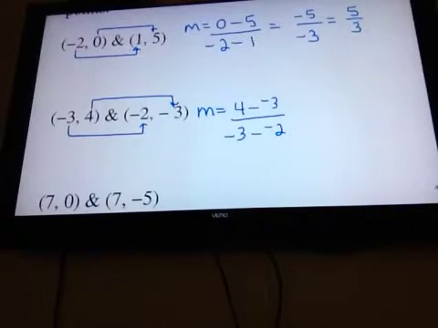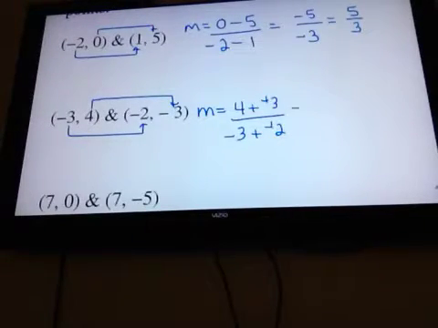Back from the first, maybe second, day of school, when I am subtracting a negative, what do you do? You add a positive. So these minuses become pluses.